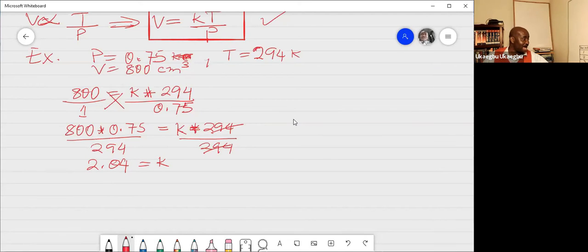Now here's the problem. They want us to find the pressure when the temperature is 300 K and the volume is 7,000 cubic centimeters. So the question is find what?